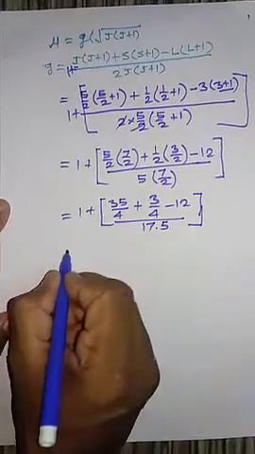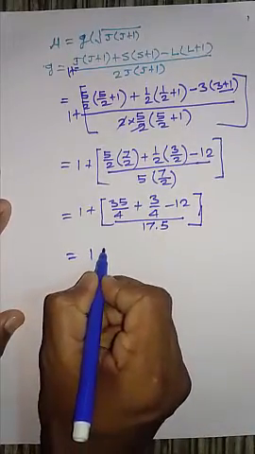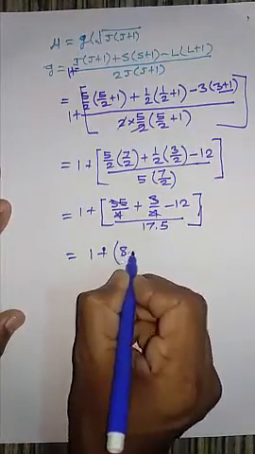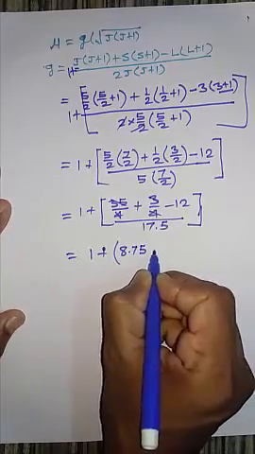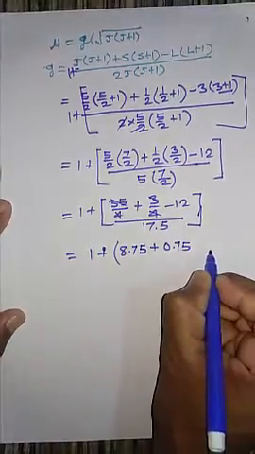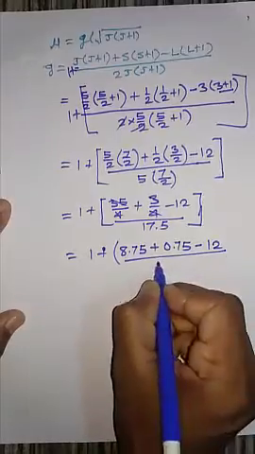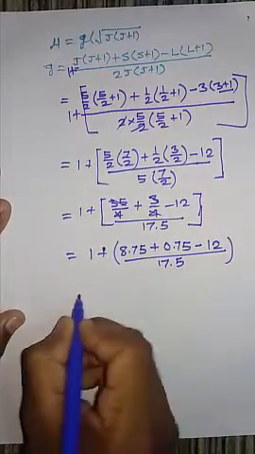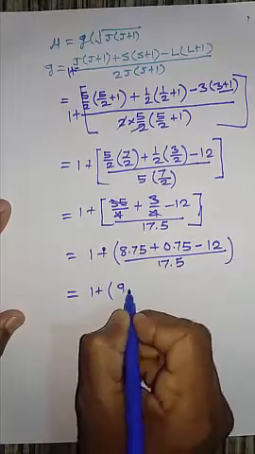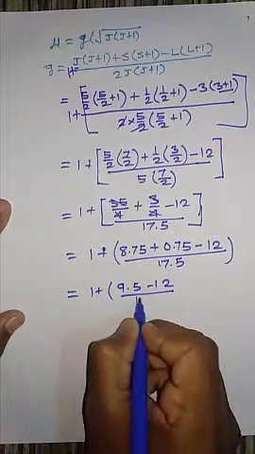So after simplifying this, in short you will get 1 plus, in the bracket, 8.75 plus 0.75 minus 12, divided by 17.5, which is equal to 1 plus 9.5 minus 12 divided by 17.5.